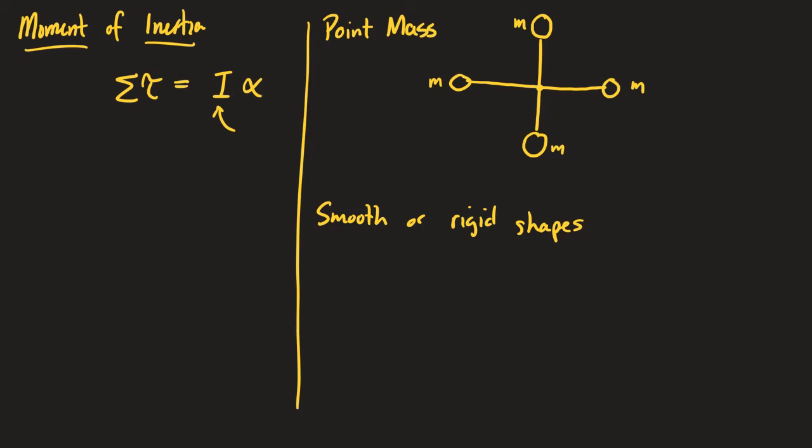Point masses are just that. Anytime an object can be considered to be made up of small, precise masses, where the mass can appear to be concentrated at some point rather than some distribution.